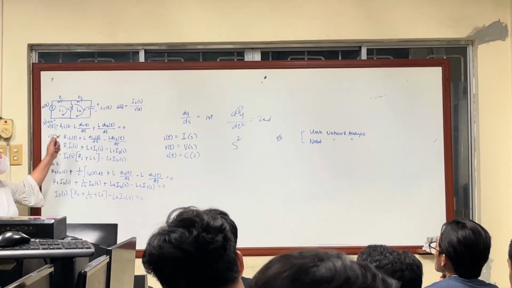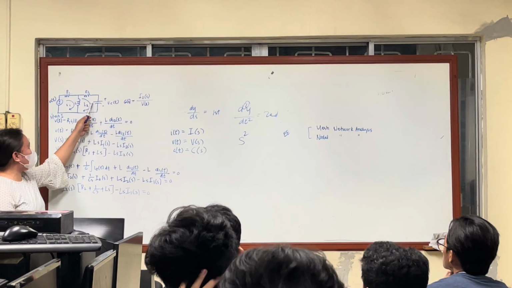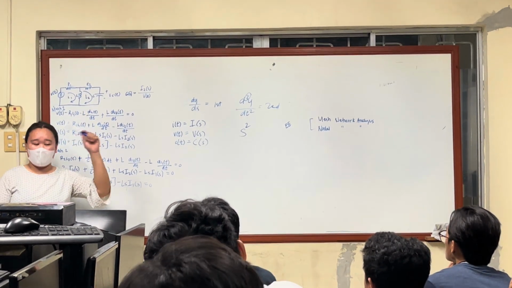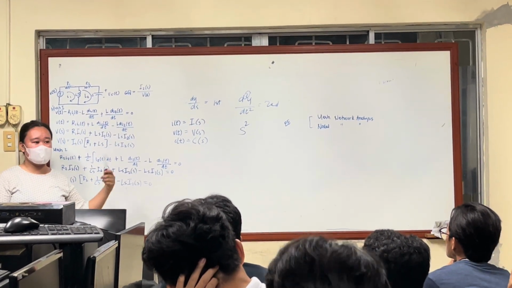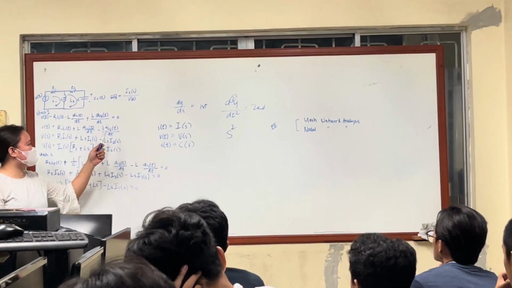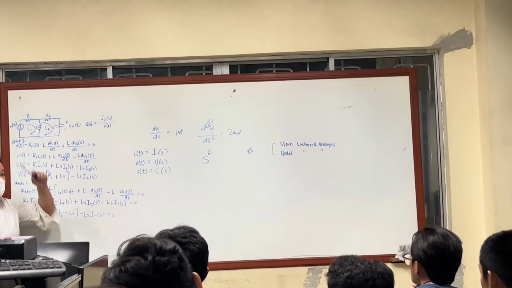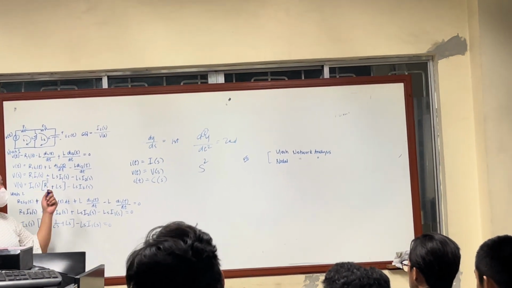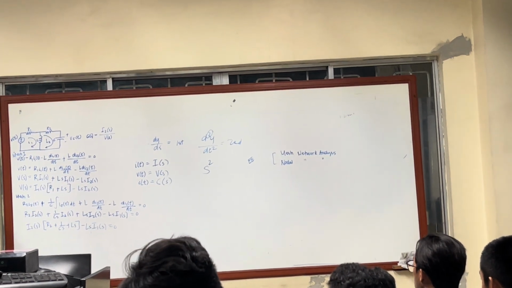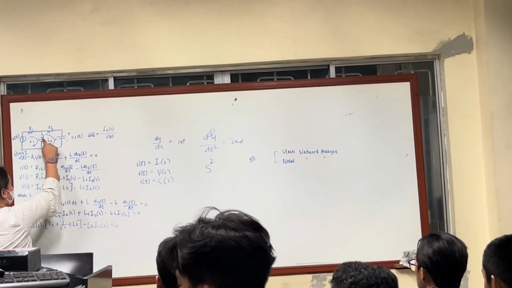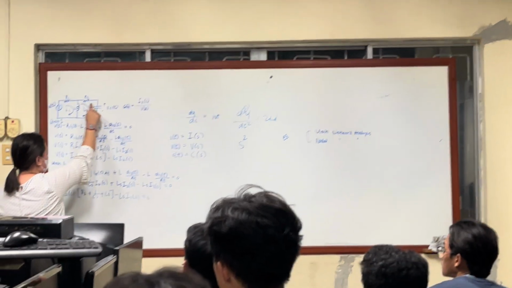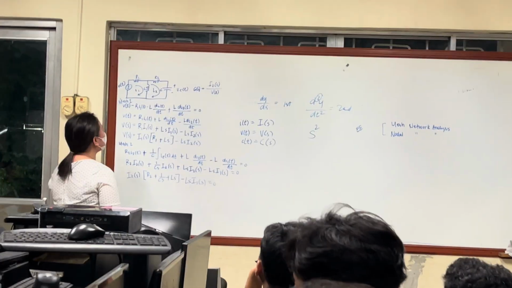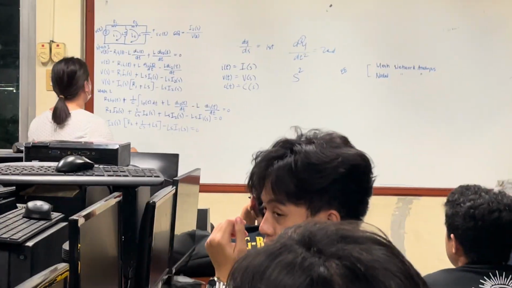But if mesh 2 has V of T, another input, another system, then it equals V of T. You can do the loop. Okay? This is mesh 2. Right?